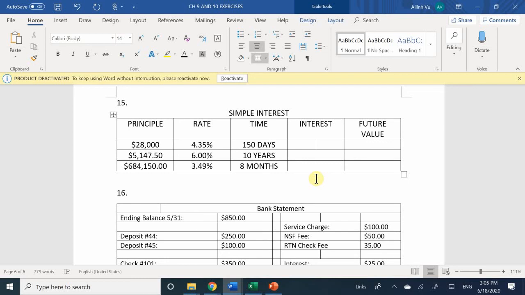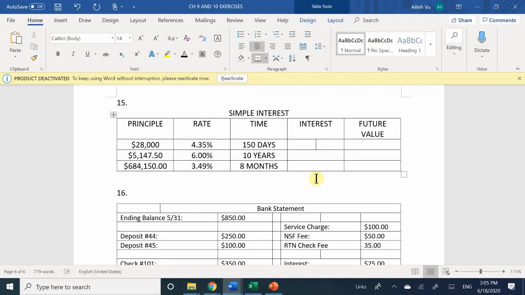Yes, it is 5 months, because 1 month is 30 days, correct? If you take 150 and divide by 30 days, you get 5 months. And we want time to be in years.